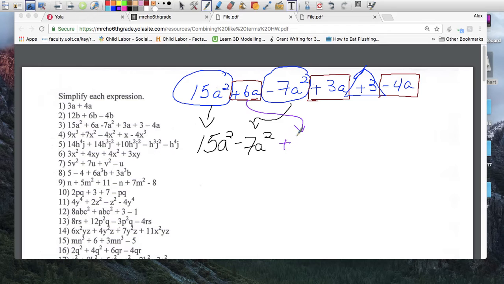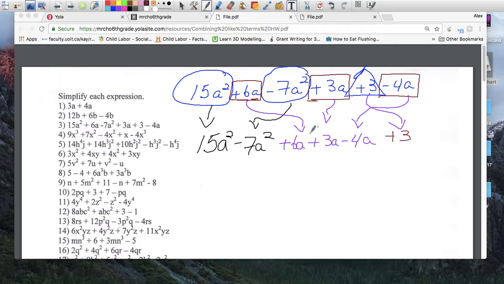So it's plus 6a. And I'm going to take this one, put it over here. So that gives me plus 3a. And then the guy in last is not going to be last anymore. He's going to be here. And that's minus 4a. And then finally, I'll bring this 3 all the way to the back. Let me change colors. And that's a plus 3.